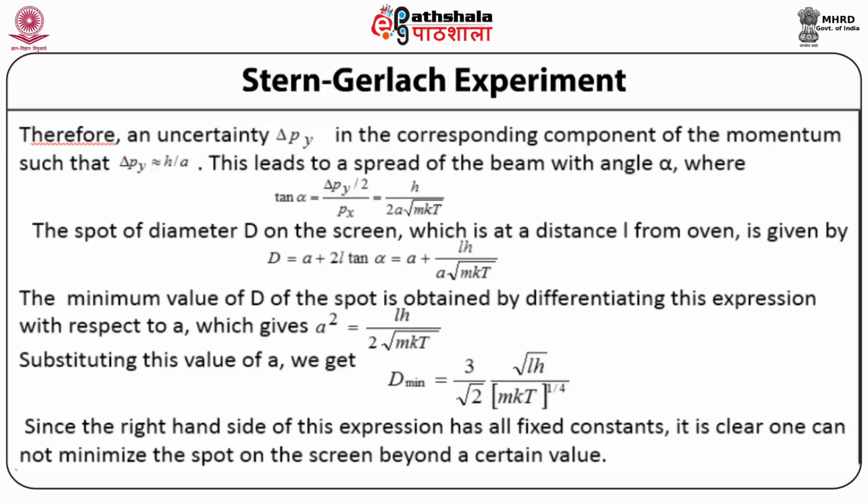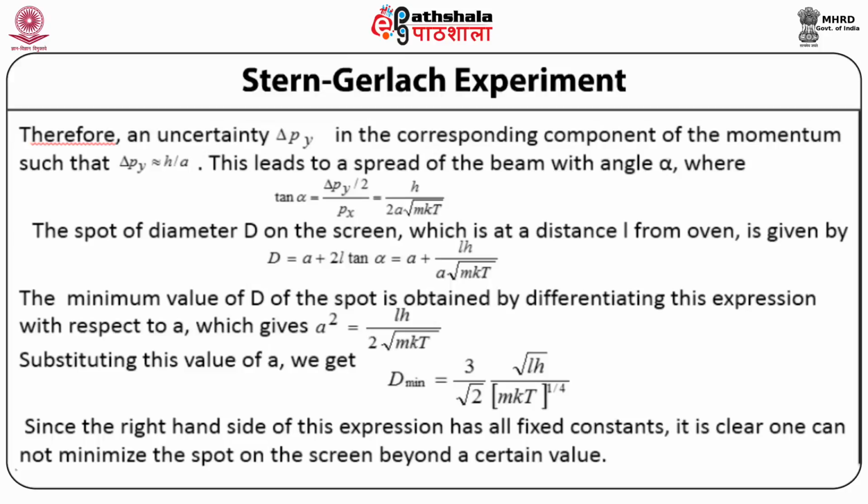Thus, tan alpha is equal to h by 2a into under root mkT. This expression is derived by using the relation for delta py and px. In this relation, h is the Planck's constant, a is the width of the aperture of the oven, m is the mass of the silver vapor atoms, k is the Boltzmann constant, and T is the temperature.